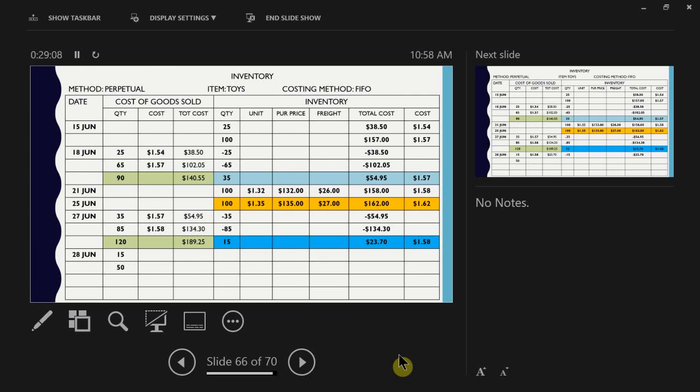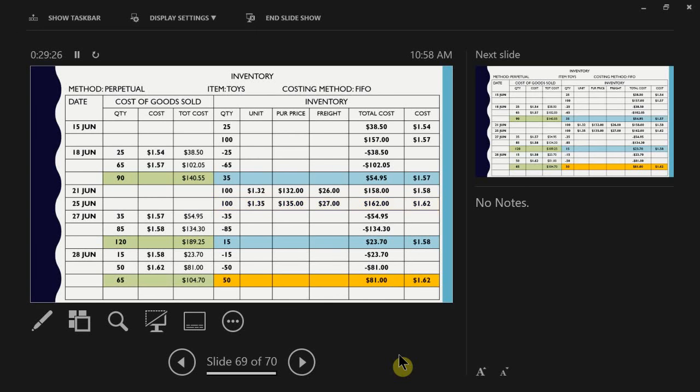And therefore, I need to sell a total of 65, so I need to take away from my orange batch as well. So the blue batch is eliminated, and then we're going to eliminate from the orange batch for 50 items. And then at the end of the day, like I've mentioned before, on June 30th, I should have 50 toys available, and I do.